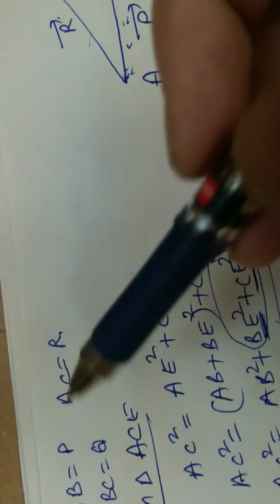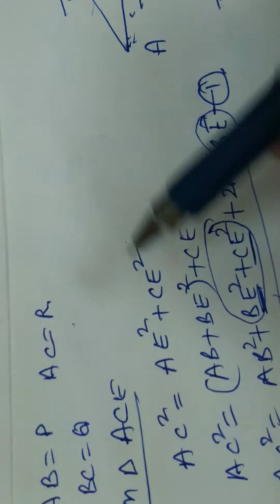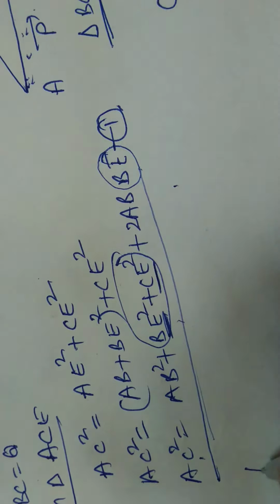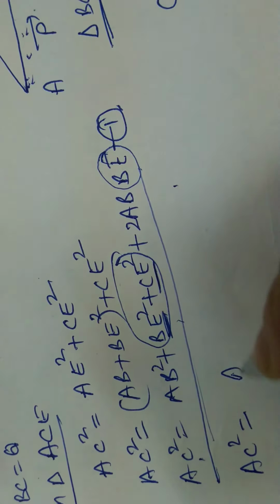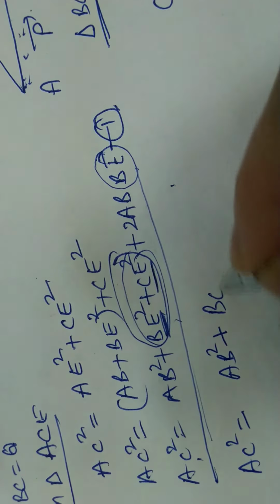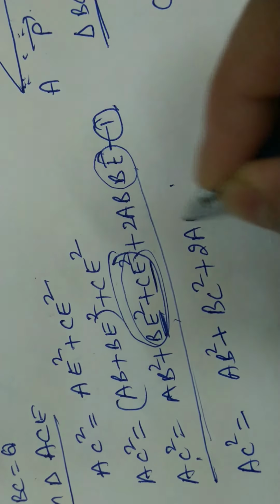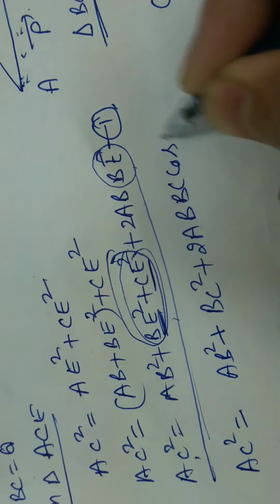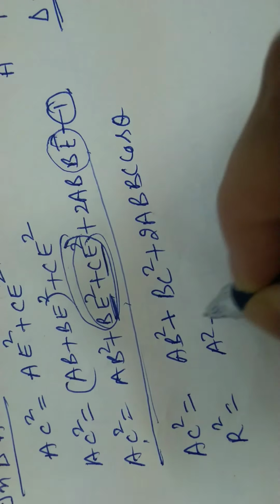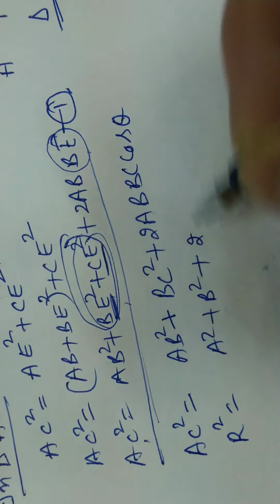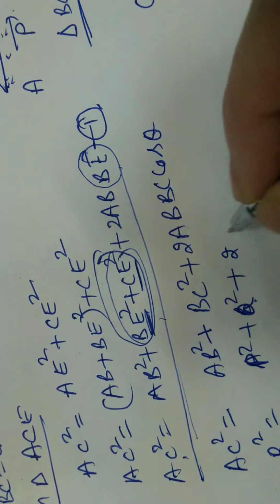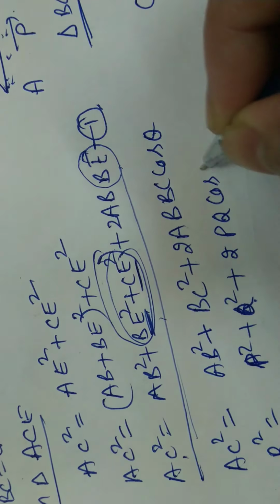Because we have only these 3 values, but we have to represent this. So what is this? AC square equals AB square plus BC square plus 2AB BC cos theta. Then here R square equals P square plus Q square plus 2PQ cos theta.